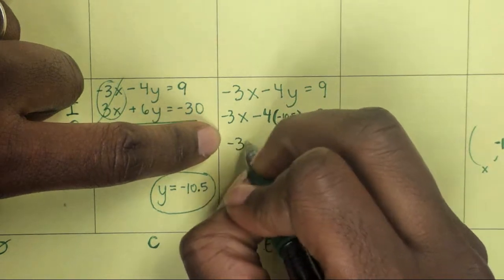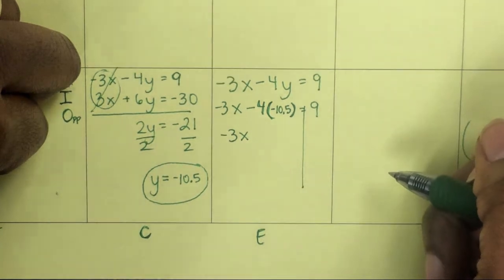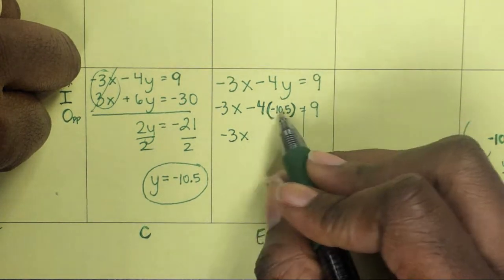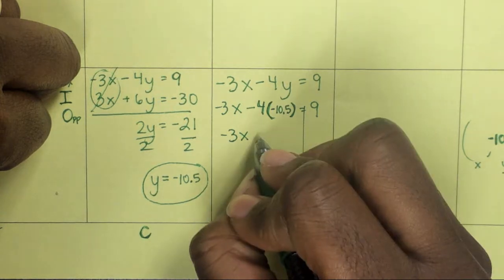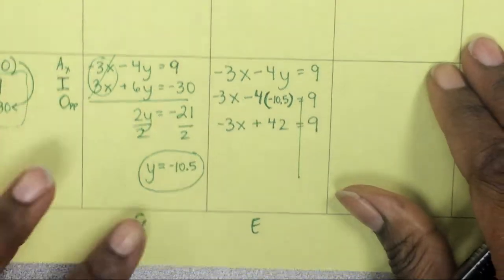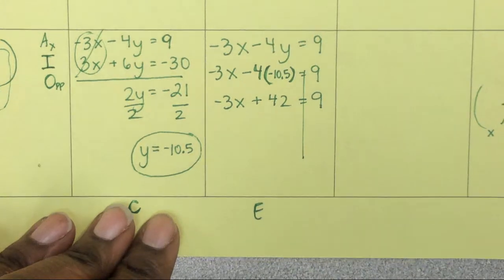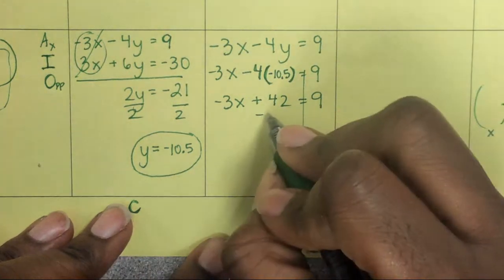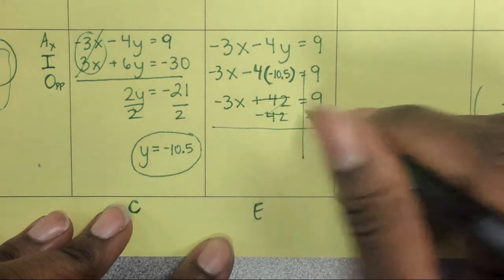So bring down the negative 3x, multiply that. What do you get when you multiply that? 42. A minus 42 or positive 42. And then now we're just solving for x. This is a two-step equation. If you're not sure about two-step equations, what do I keep saying? Either go to tutorials or look it up on YouTube. Two-step equations. I'm doing the opposite of the 42, so I can cancel it out.